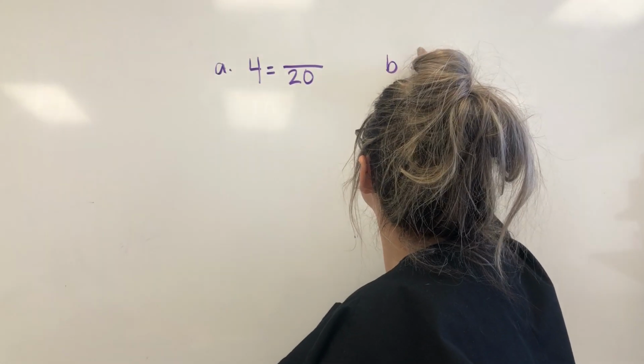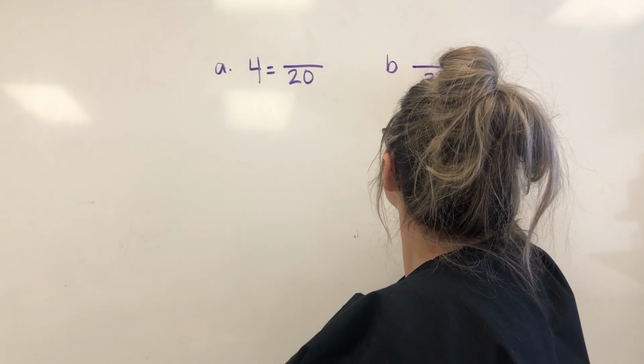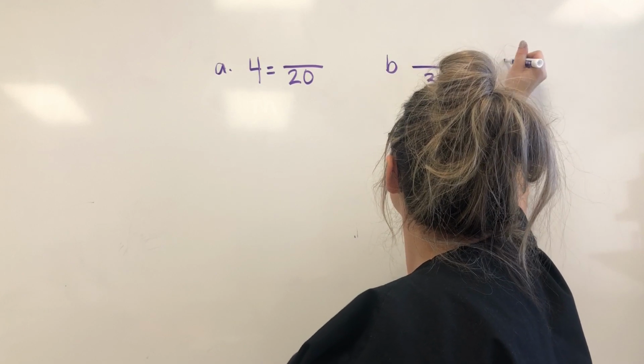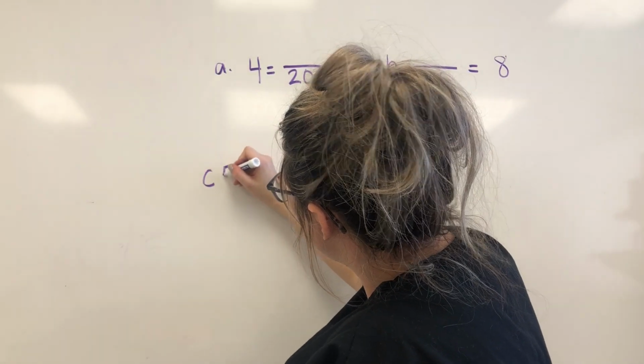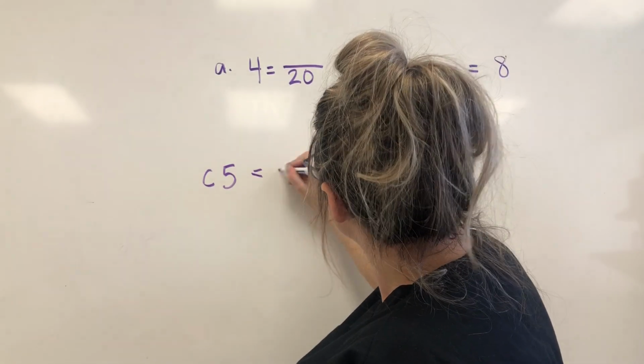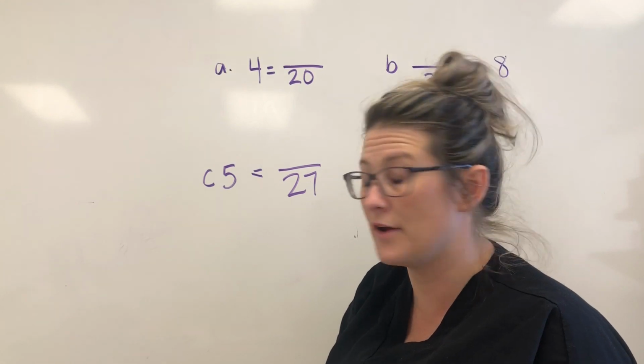B, 36 over blank equals 8. And we'll do C. 5 equals 27 over blank.